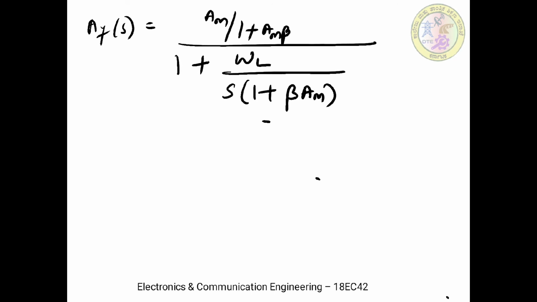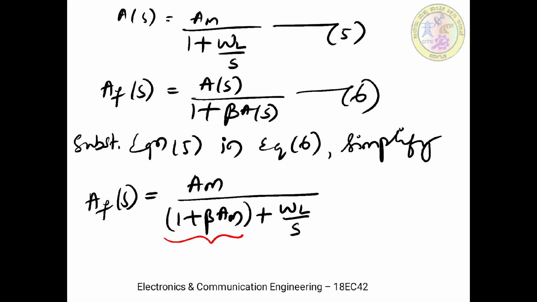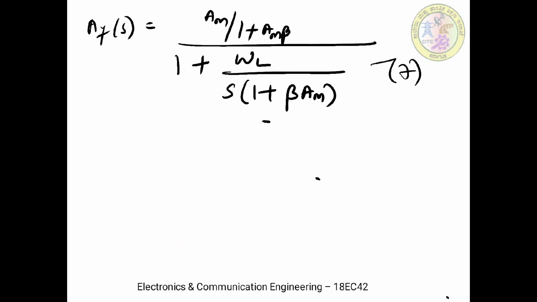So this can be taken as equation 7. Now comparing equation 7 with equation 5. Because equation 5 is the basic AC equation, we will compare equation 5 and 7. On comparison, it is now possible to write omega LF.